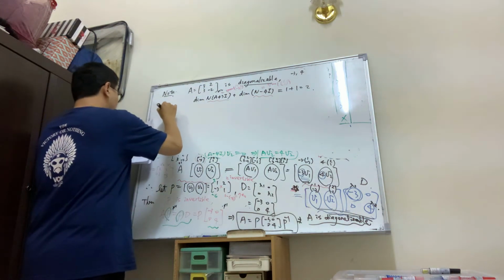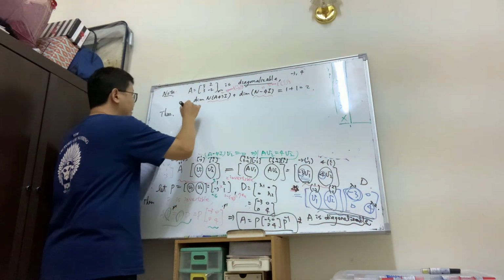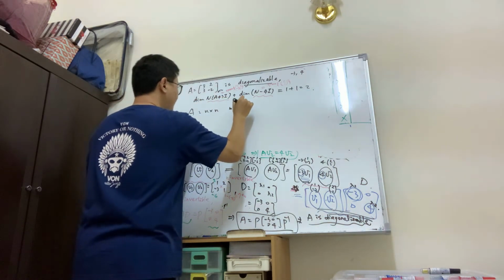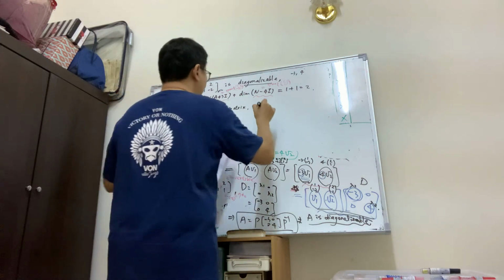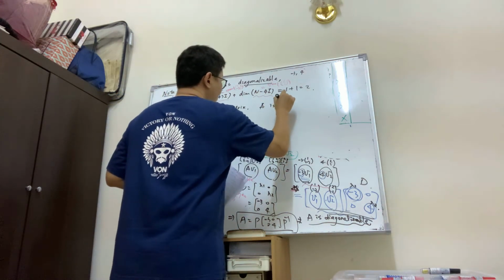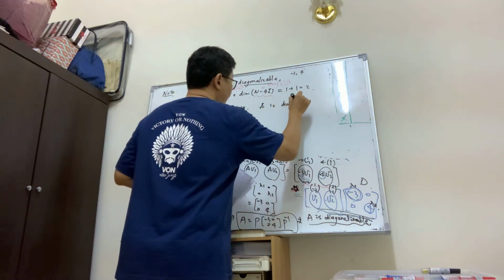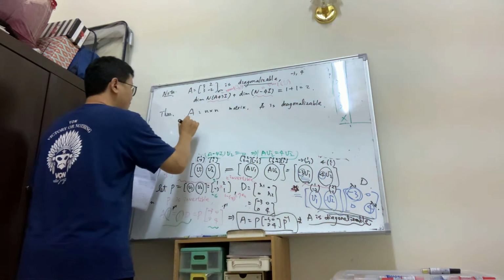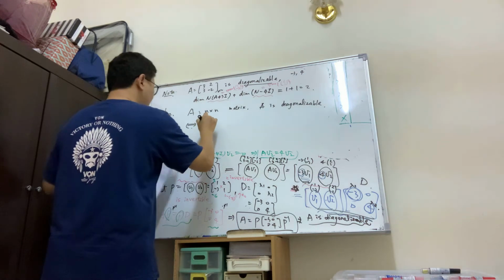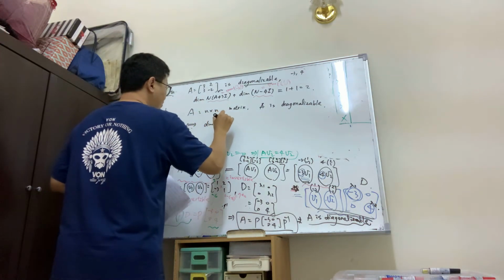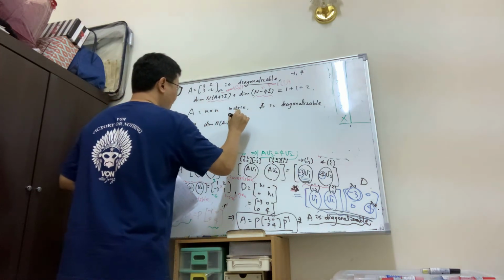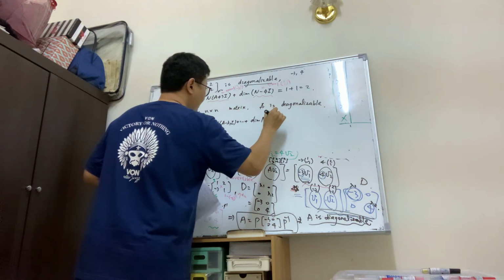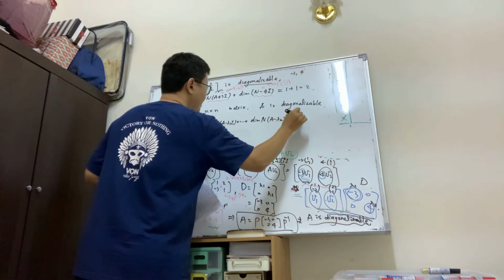Actually, we have a general result. If A is an n by n matrix, then what can we say if A is diagonalizable? Our general result is this one. A is diagonalizable if and only if the dimension of the null space of A subtract lambda 1 I, plus up to the dimension of the null space of A subtract lambda K I, equals n.